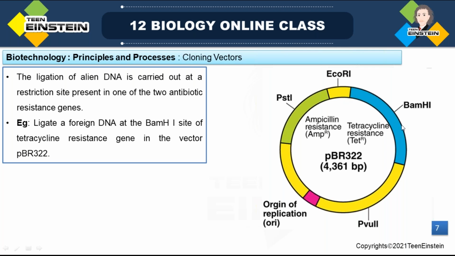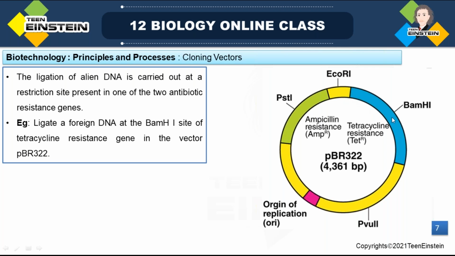So that recombinant will have the tetracycline resistance gene in the vector pBR322. Otherwise, if it gets attached here, it will have the ampicillin resistance gene, right?